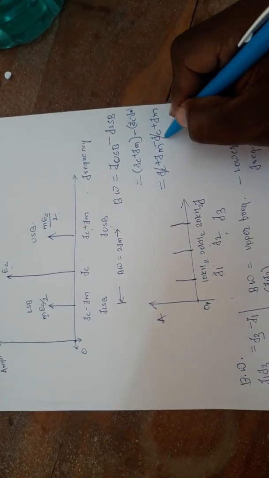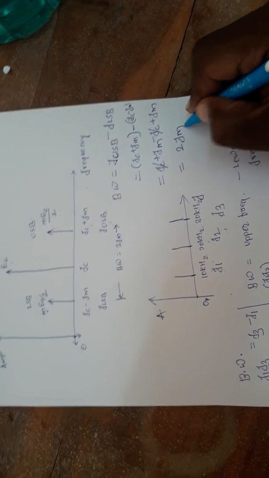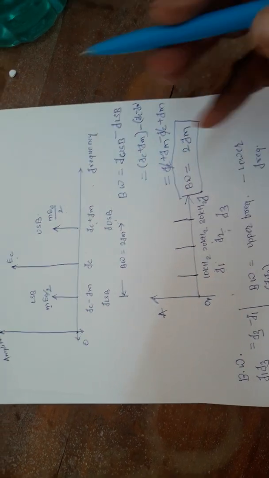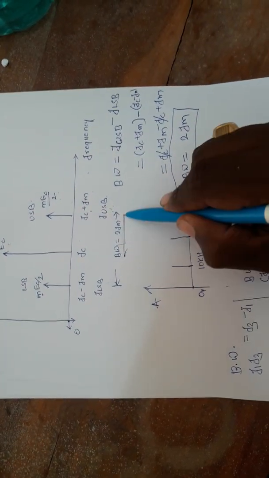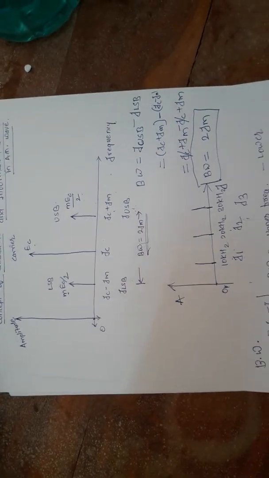So FC gets cancelled out and the bandwidth requirement for AM is twice FM, the same point we have written over here. So this is all about the bandwidth requirement. Thank you very much.